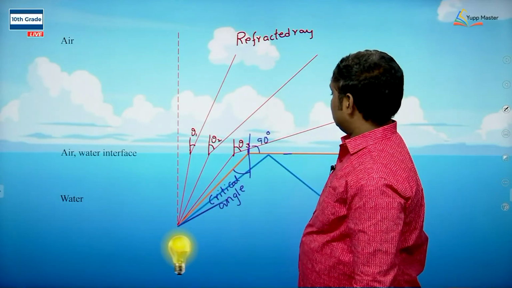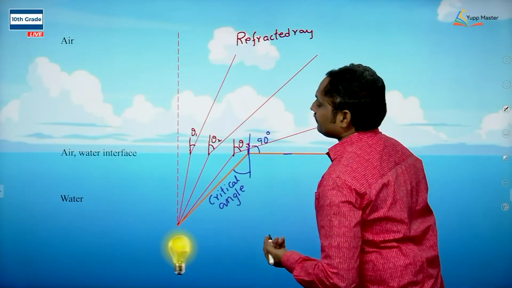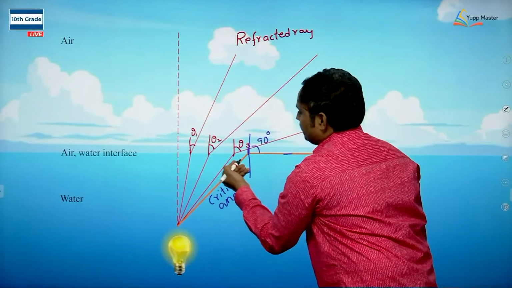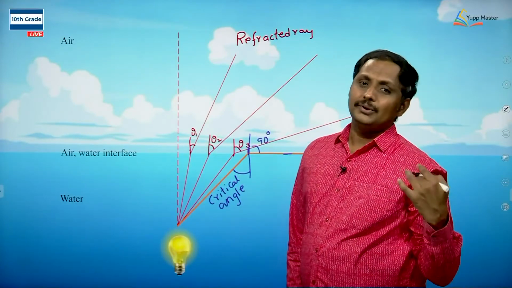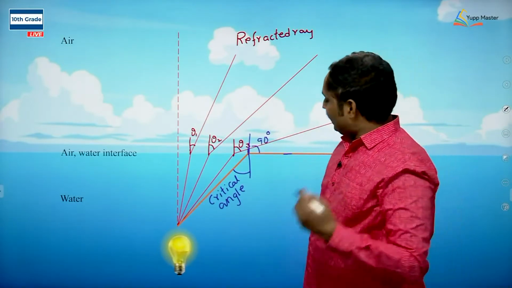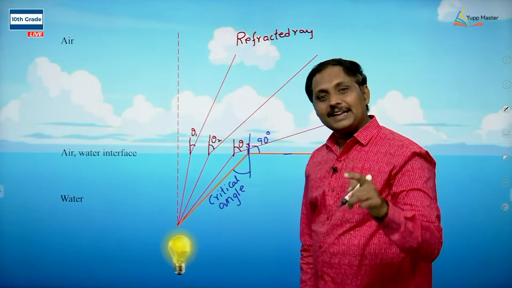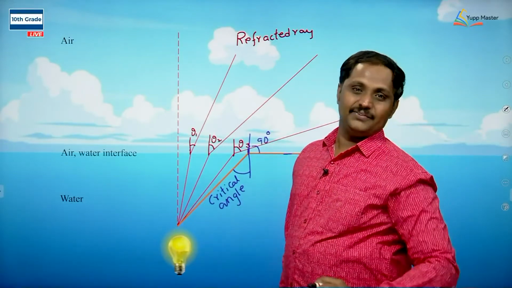Let's see, this is one domain; up to this domain there is no total internal reflection. Whenever you consider the critical angle, that is the one reference.